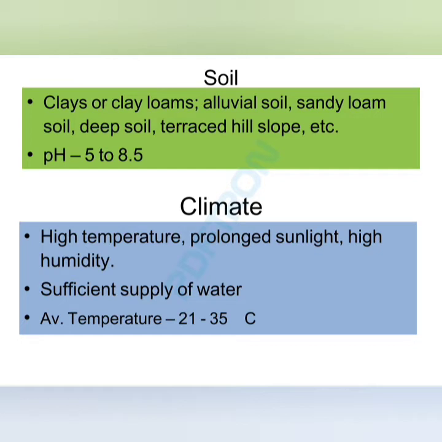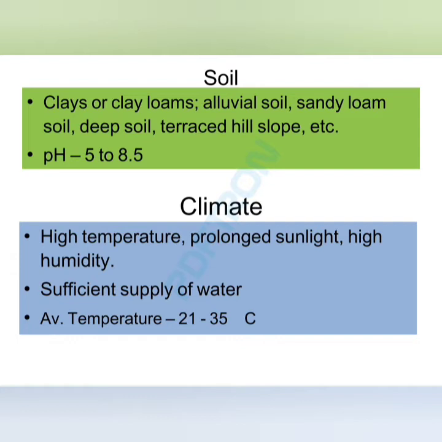Now, the rice crop is a short day plant, but some varieties may be insensitive to temperature, because rice grows well in high temperature, prolonged sunlight, and high humidity, and there should be a sufficient supply of water. So these are the climatic conditions which affect the growth of the rice crop.